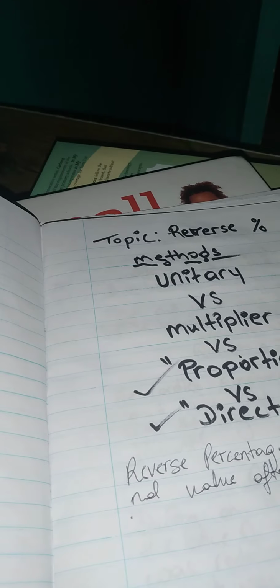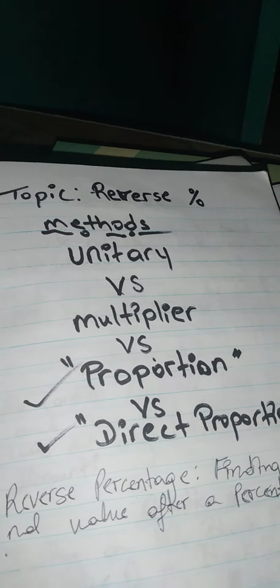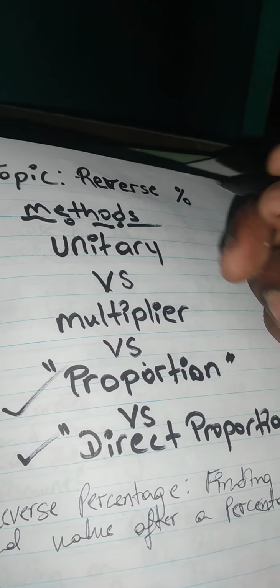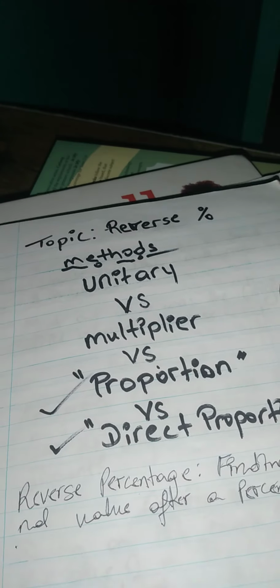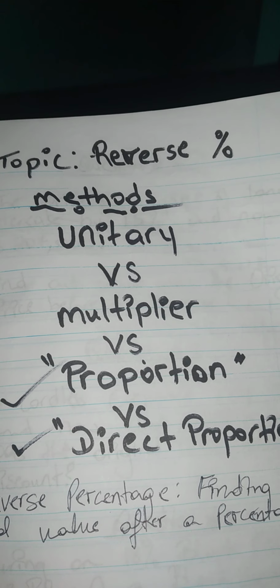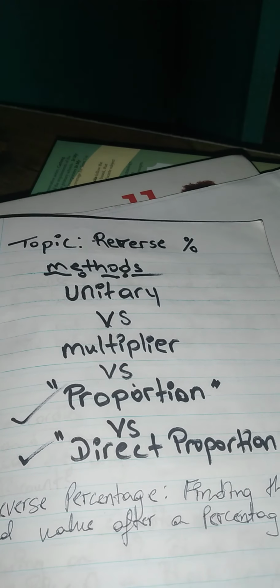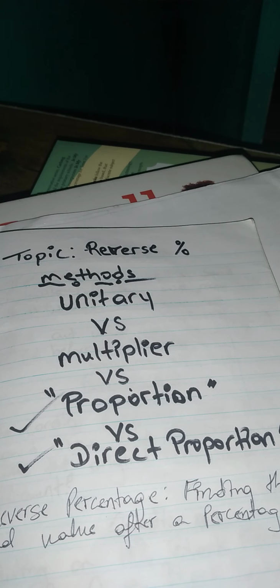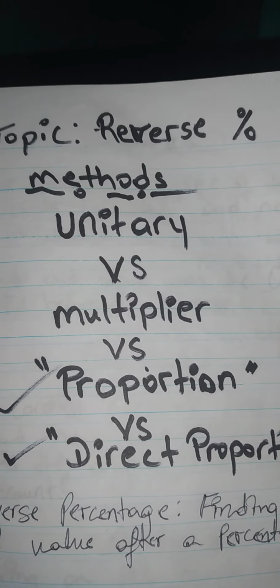Moving into the lesson, the topic we'll be looking at is reverse percentage. I promise I'll be introducing to the world two new methods, which I'll get to further down.